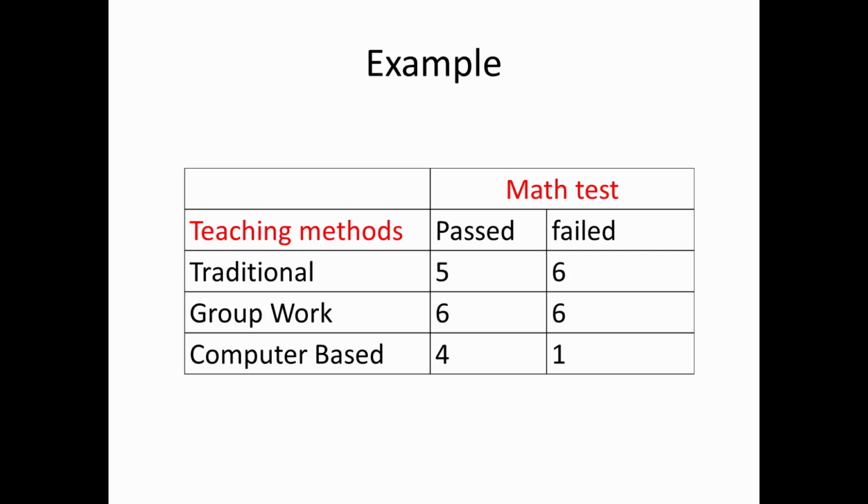For example, in this table, you see you're comparing different teaching methods. So there are 5 people in the traditional method who passed the test, and there are 6 people in the traditional method who didn't pass the test. And then you do the chi-square to see if there is a significant difference between these 3 teaching methods.